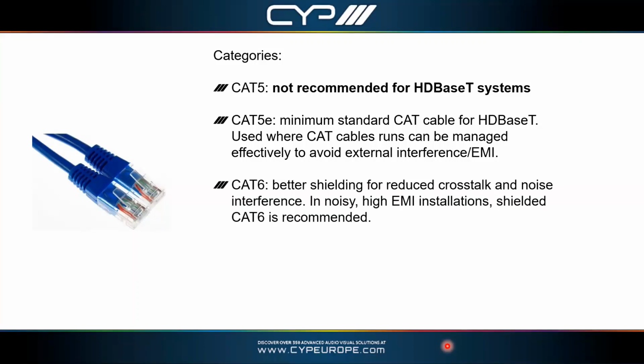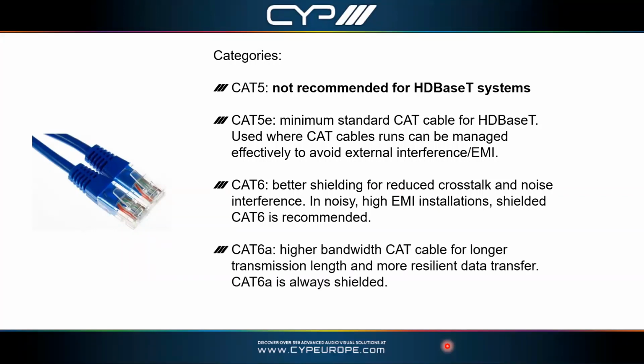As you go to Cat6, you then have better shielding again for reduced crosstalk and noise interference. And then Cat6a offers the same sort of insulation, but gives you slightly higher bandwidth as well. So Cat6a, of course, would be ideal, but as you can see from the other items on screen there, Cat5e would be the minimum recommendation that we would suggest.